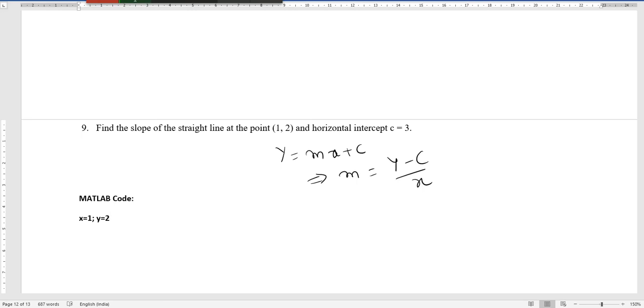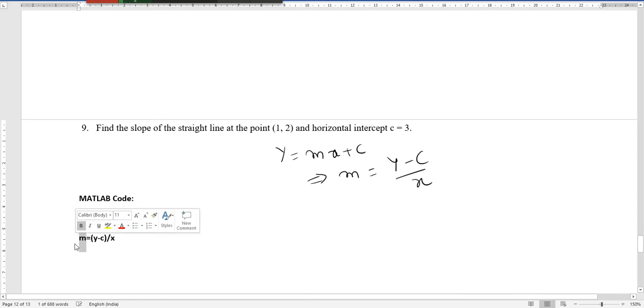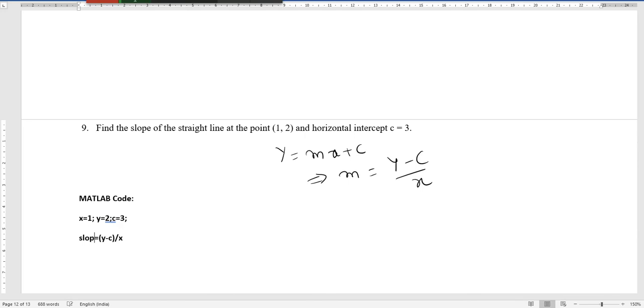Now c equals to 3. Now m equals to y minus c divided by x. Then we will find the value. This is nothing but the slope. I will write slope, S L O P E.